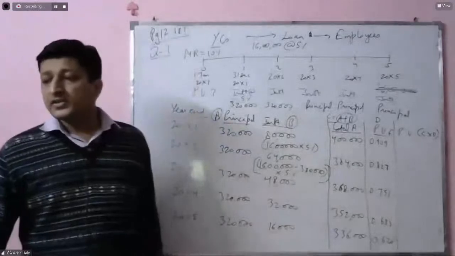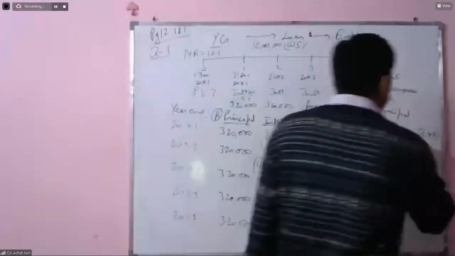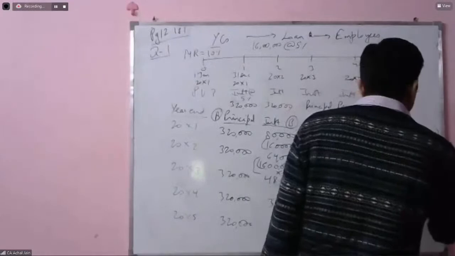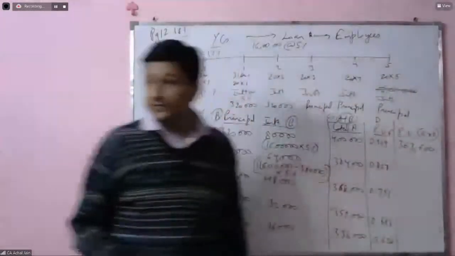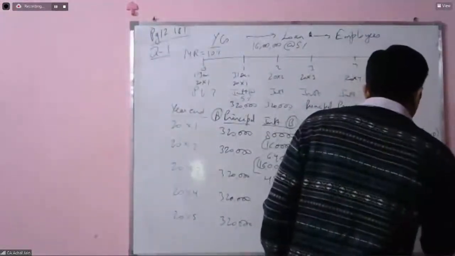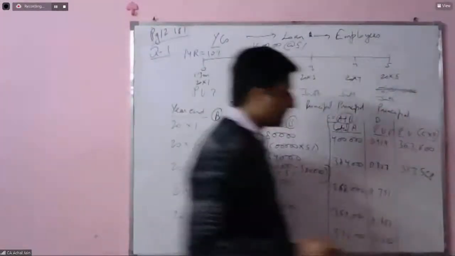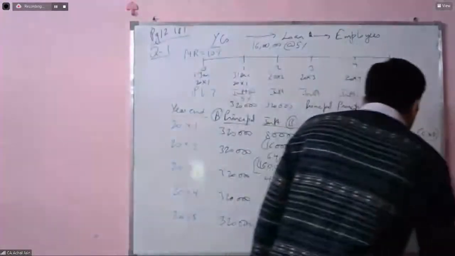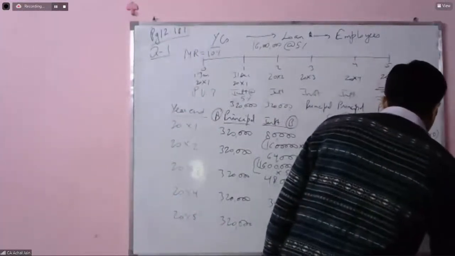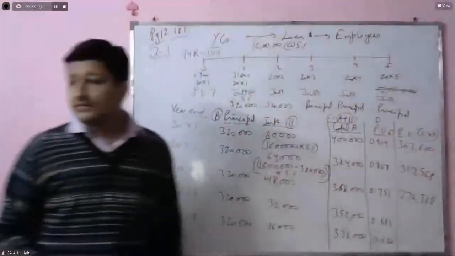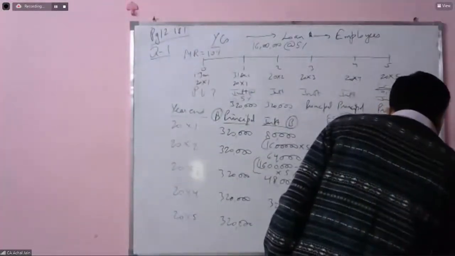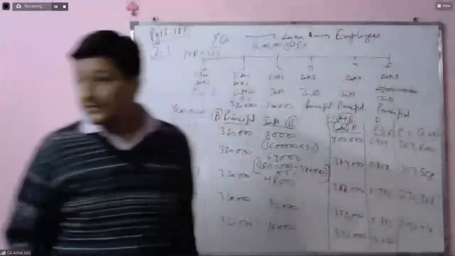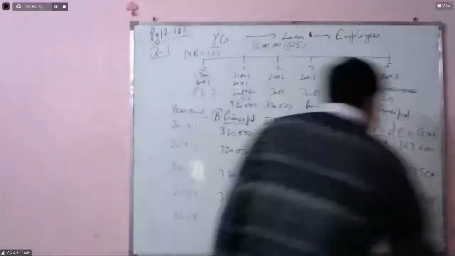Yeah. So the first is 363,600. Then we have 3,17,568. Then we have 276,368. Then we have 2,40,416. Then we have 2,08,320.